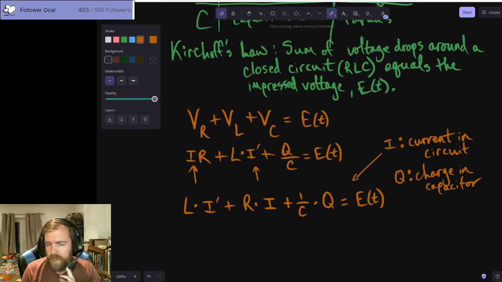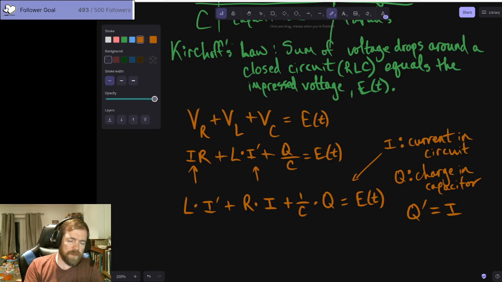And anybody know the relationship between these two things? The current is the change in charge over time. Yeah, so I is going to be Q prime.